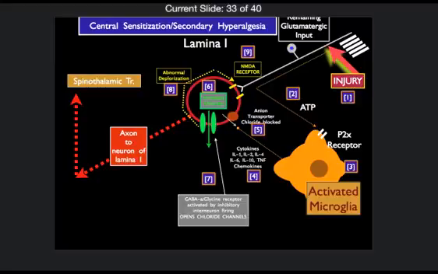So in lamina 1, if we take an injury to a nerve, and which is predominantly NMDA receptors, glutamate, and when those nerves are injured, they leak ATP. ATP is to be maintained in the cell. When a cell is injured, it leaks out. So it becomes, in a sense, a transmitter of unwanted events.